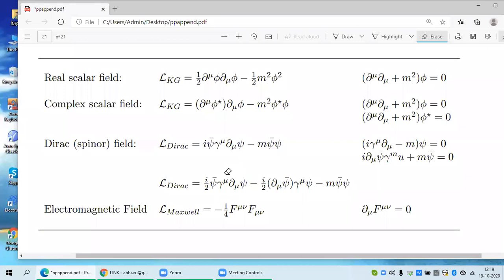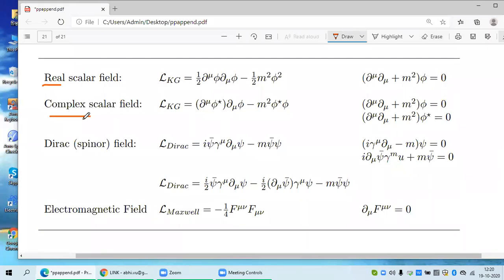Sir, which type of particles can be described in the light of a real scalar field and a complex scalar field? We will see this later, but since you asked, I tell you that real corresponds to electrical neutrality, and complex corresponds to charge.